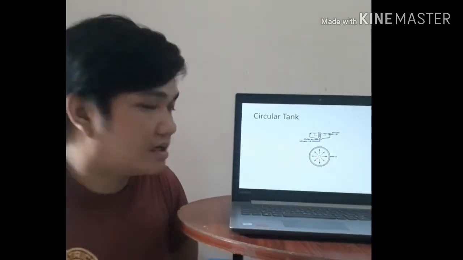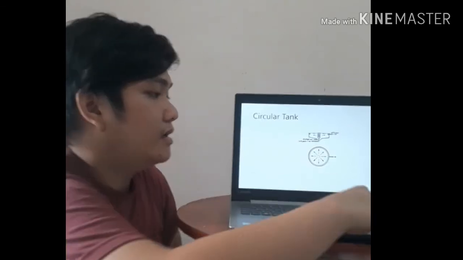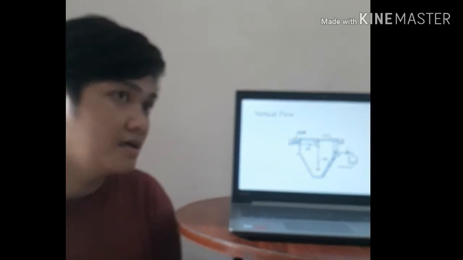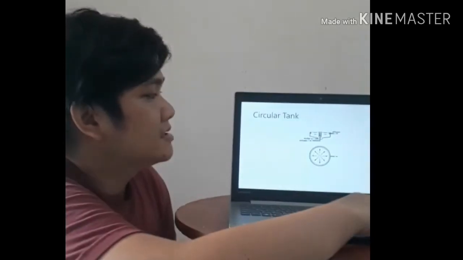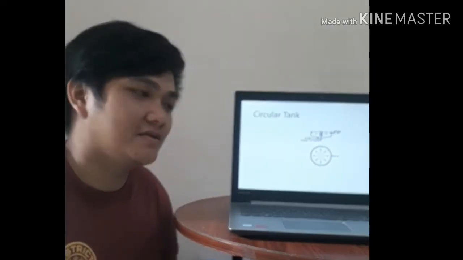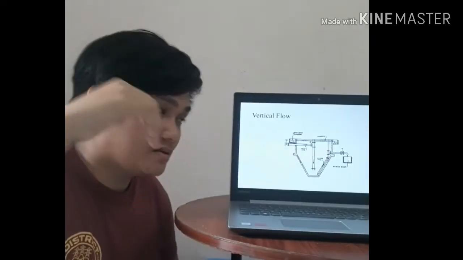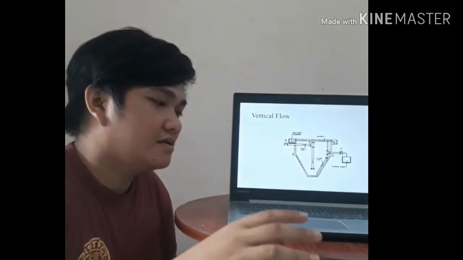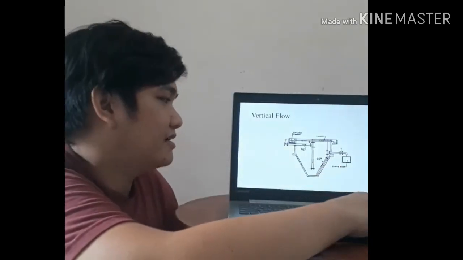But the circular tank is used in larger water treatment, and vertical flow is for small spaces, for limited spaces, because the circular tank is too wide to use and needs larger space. The vertical flow needs only downward space, or you can put it under the ground.